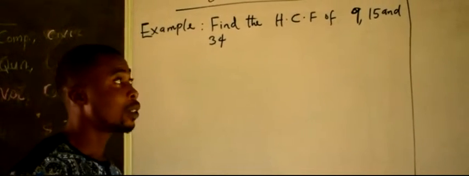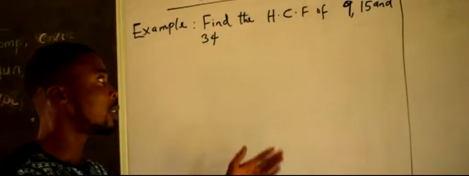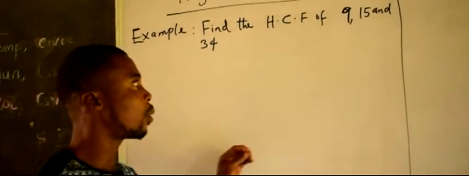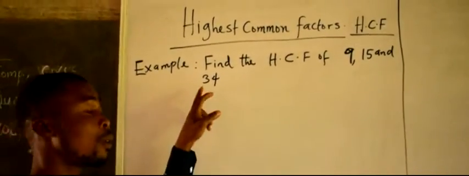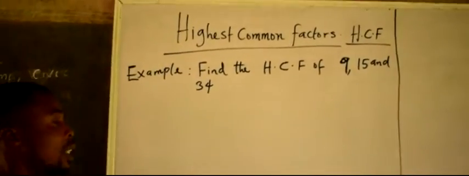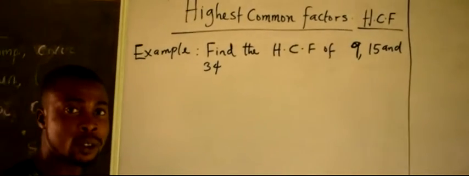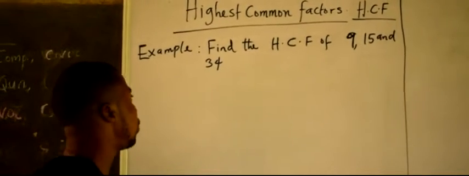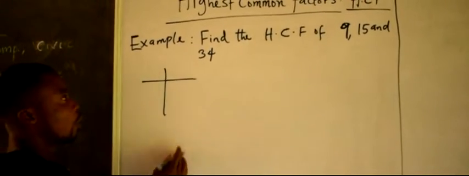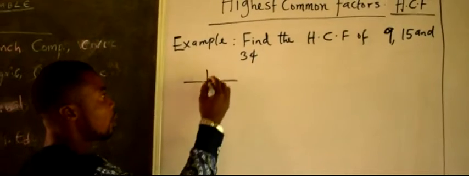We have another method we can use. If you like, you can list the factors of 9, 15, and 34, and among them pick the highest common factor. But the method I'm going to use is to divide each of them by prime factors.